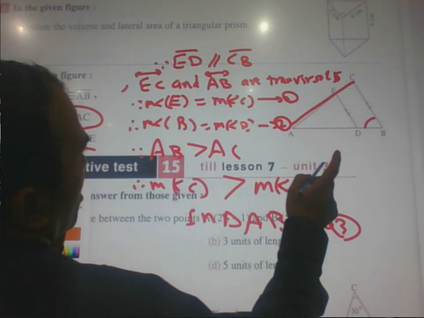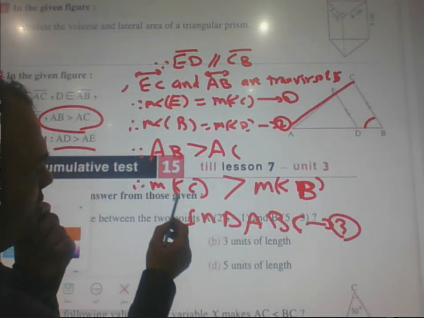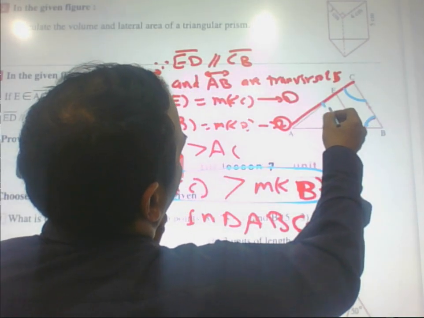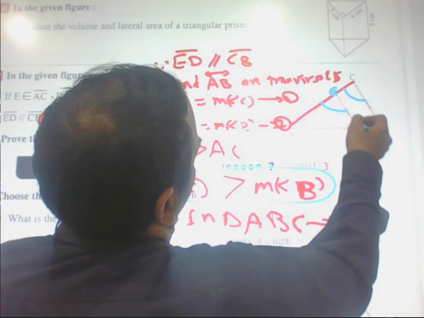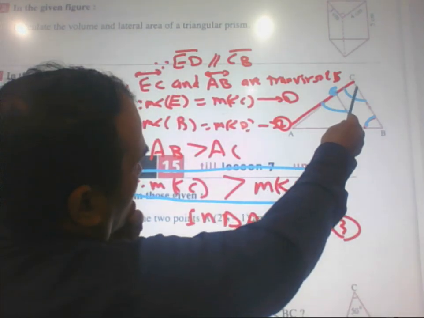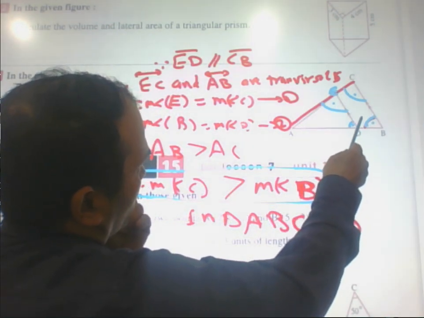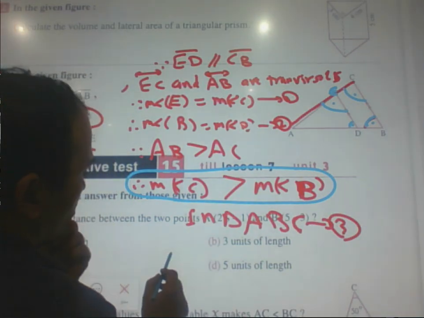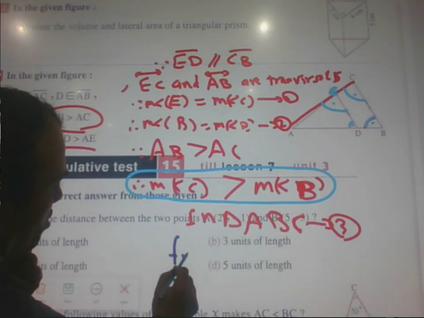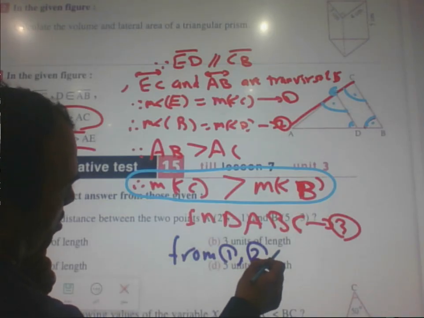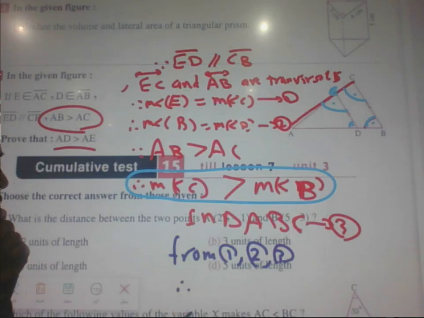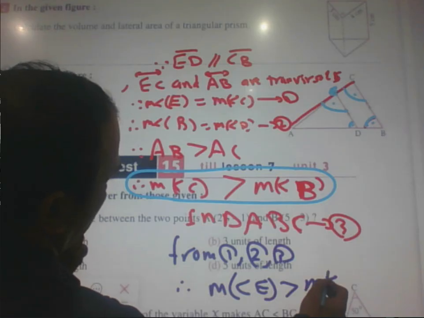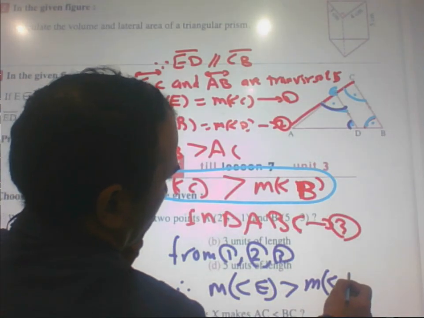I found the measure of angle C is greater than angle B. The measure of angle E is greater than angle D, because C equals E and D equals B. C is greater than B, then E is greater than D. From relations 1, 2 and 3, we can write that the measure of angle E is greater than the measure of angle D.